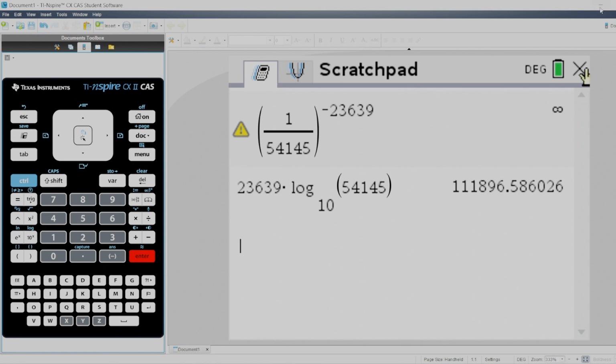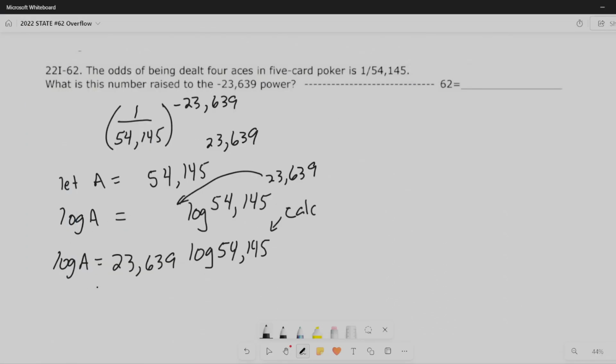So let's write that down. And this is going to equal 111,896.5866025. And the key is to separate the integer part and the decimal part.